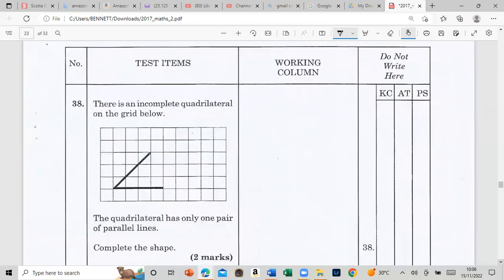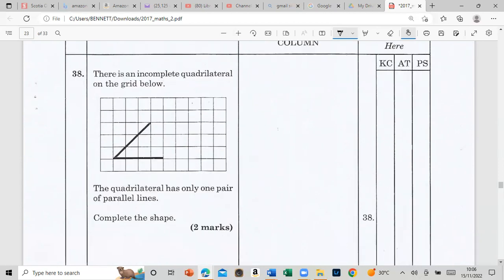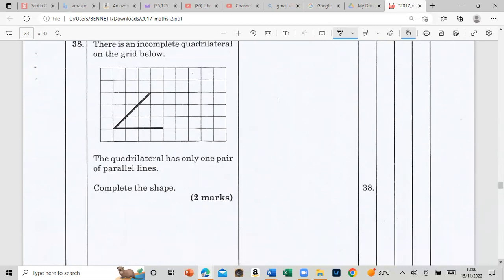Alright, it says there's an incomplete quadrilateral on the grid. The quadrilateral has only one pair of parallel lines. Complete the shape. Only one pair, so that's what the sign is.